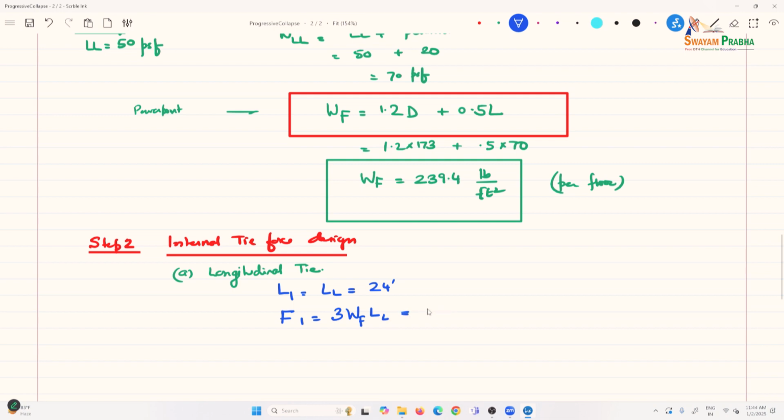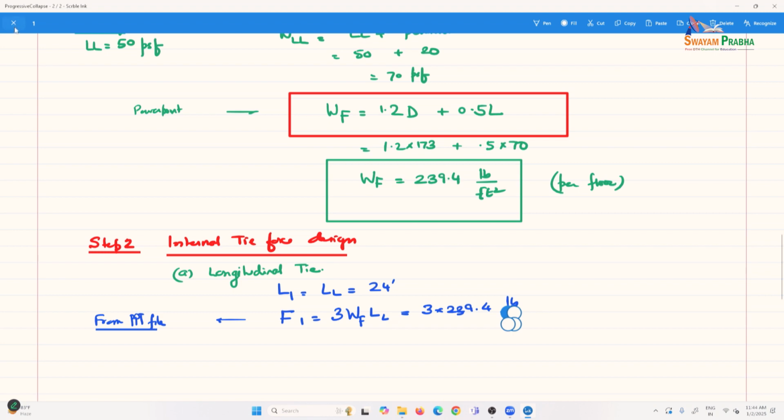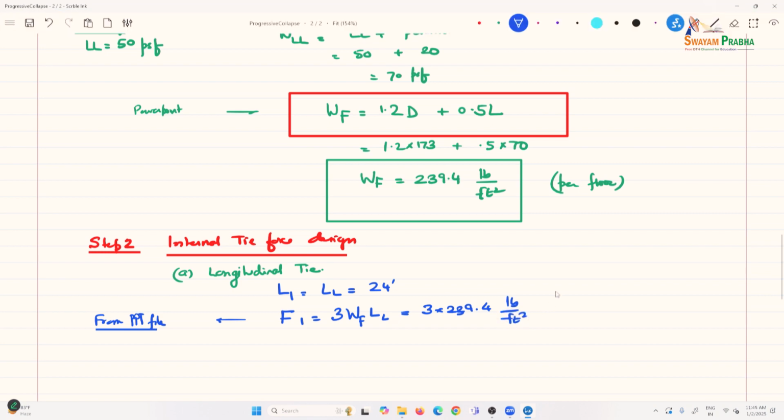This is from the PowerPoint. So, 3 WF LL is 3 times 239.4 pounds per square foot multiplied by 24 feet. So, it comes to 17.23 kips per foot.